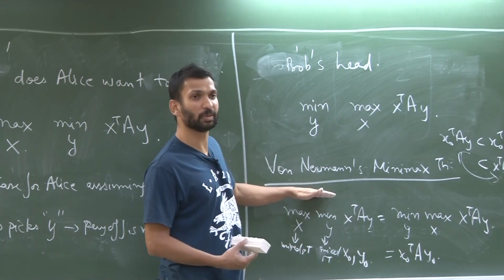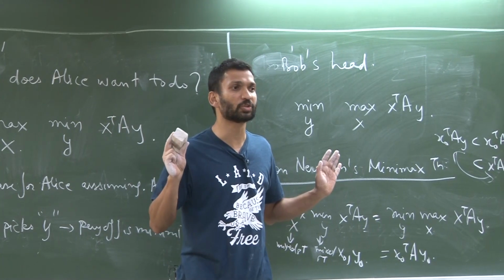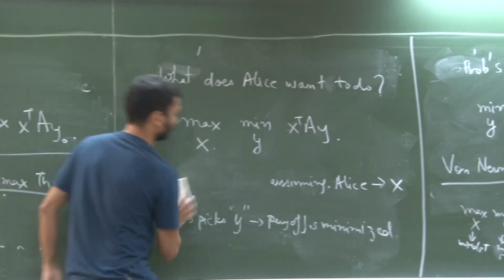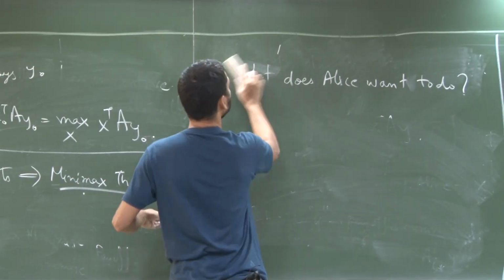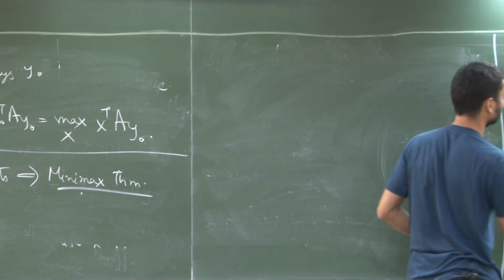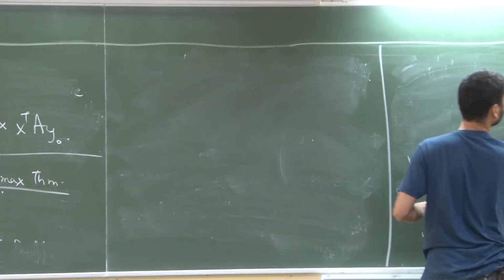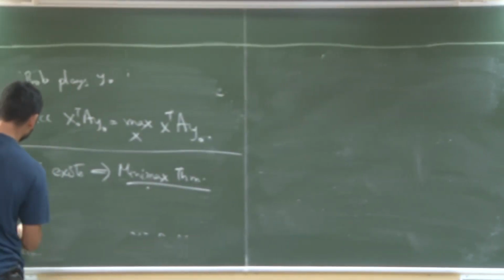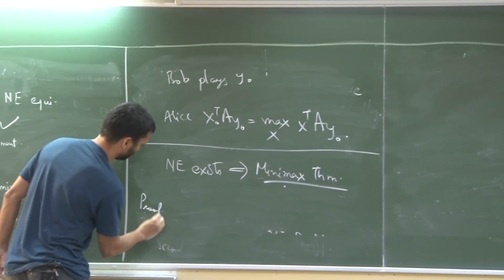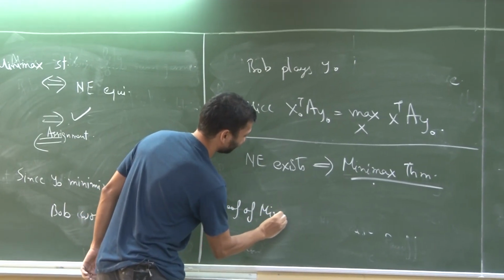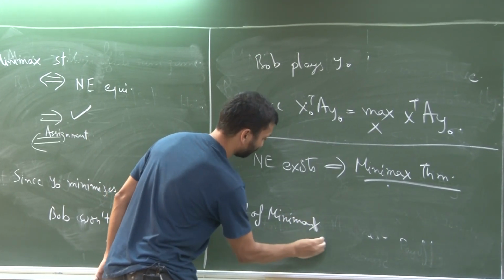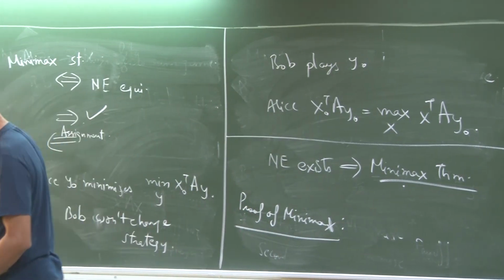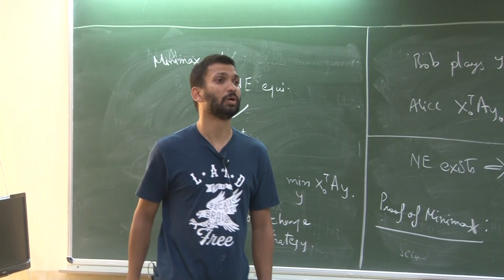So if I show von Neumann's Minimax theorem, then I have shown existence of Nash equilibrium. This is our task now, to prove the Minimax theorem.